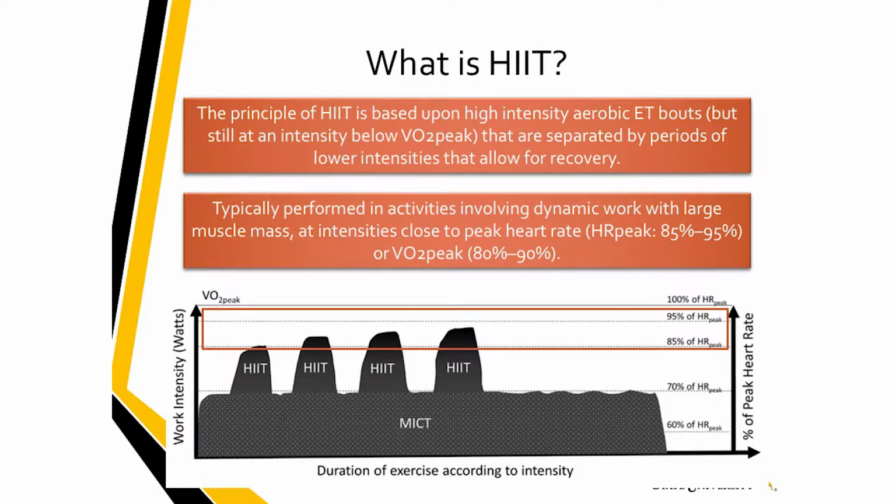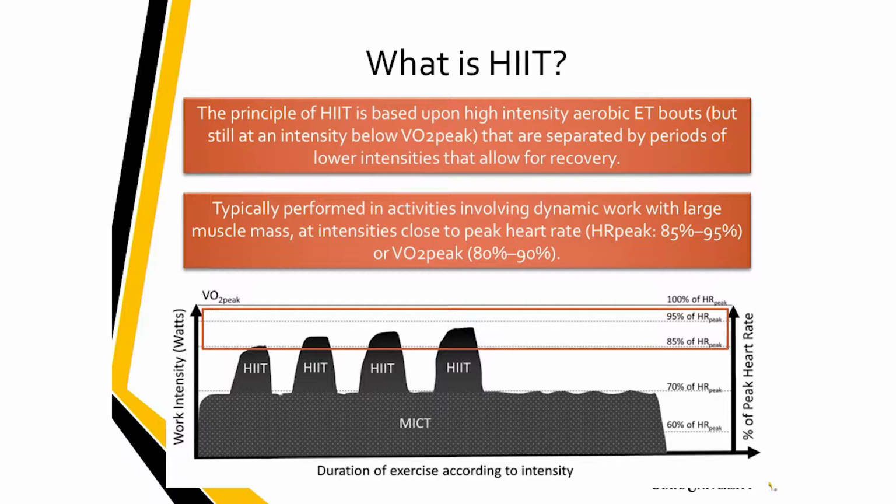We do have a somewhat vague but specific definition, if you will. So the idea is doing intervals at a higher intensity, but that intensity needs to be at some point where we are able to understand where those intervals happen.